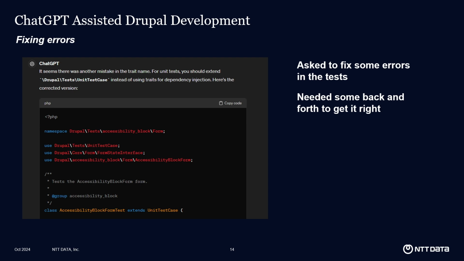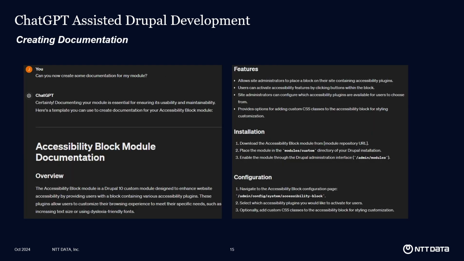So yeah, I was a little bit sad about that, but not to be discouraged. I thought, okay, let's go back to something that AI is actually good at and that we developers a lot of the time don't like doing. What could it be? Documentation.